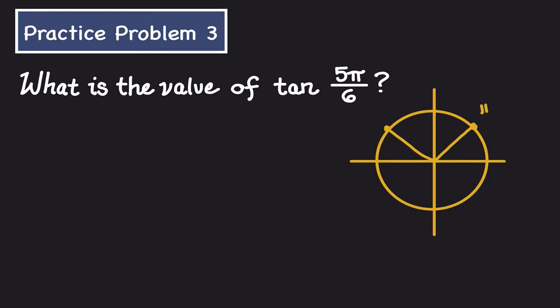So here's our pi over 6. And that was horribly drawn, but hopefully you get the idea. And remember, this is the 30 degrees. This is the one that I really just start by saying, okay, sine's 1/2. And if sine's 1/2, then the other one has to be root 3 over 2. Okay, so what would tangent be? Remember, tangent is sine over cosine.